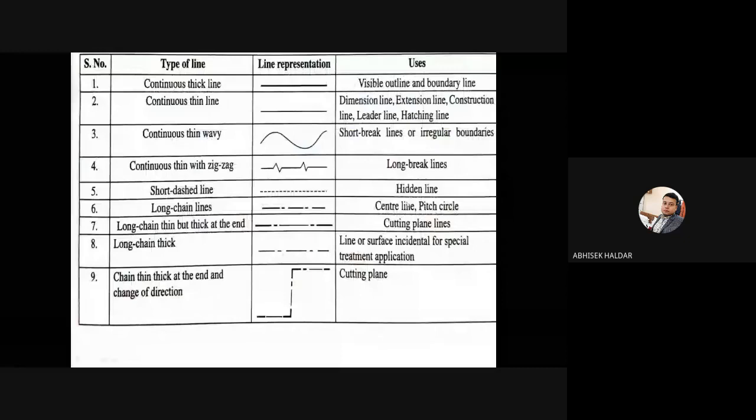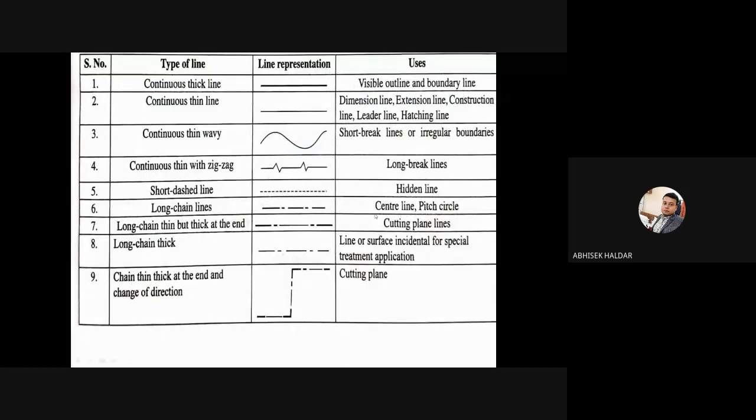The center line that you can see over here, this term is very popular. You can see there is a difference between the fifth one and the sixth one. The fifth one, I told you, is my hidden line or dashed line. Next one is my center line. So it is a line, dot, then again line, dot, then again line. What is the significance of this center line, where will it be used?